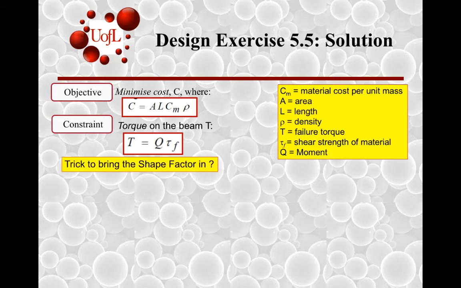So we had seen that we had to bring the shape factor into this equation to be able to find a material index that takes into account shape, the cost of the material, and the mechanical properties of the material.